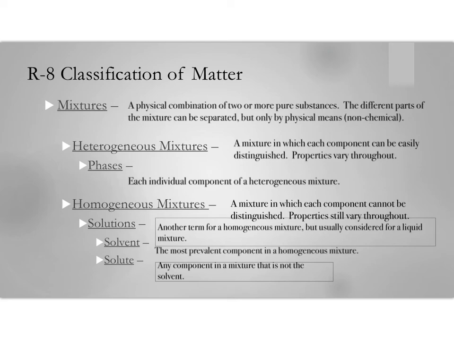The solvent in a solution is the most prevalent component in that homogeneous mixture. And anything else that is in there is going to be the solute. So in ocean water, the solvent is water. The solutes are going to be the salts and any organic material that might be in there.